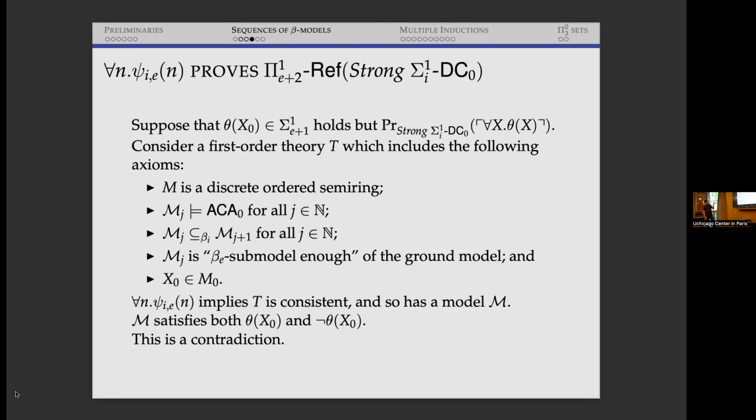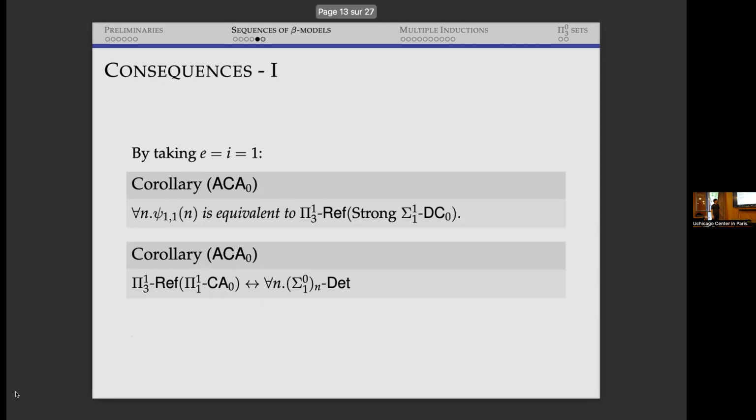So, okay, I don't know what this means. Let's get to something a little more concrete. Let's take E and I equal to 1. So you get arbitrarily long sequences of coded beta models, and this is going to be equivalent to pi 1 3 reflection for strong sigma 1 dependent choices, which is equivalent to pi 1 1 CA.